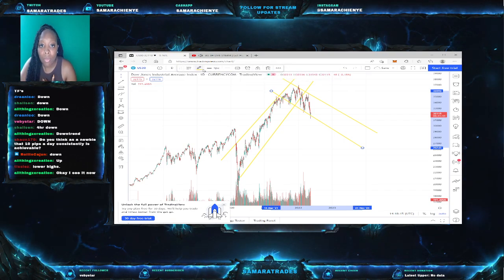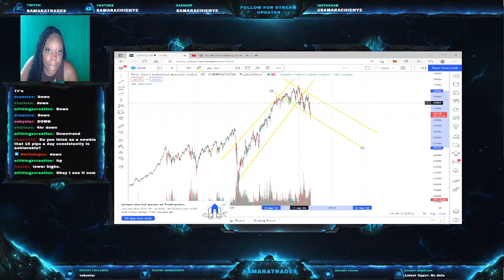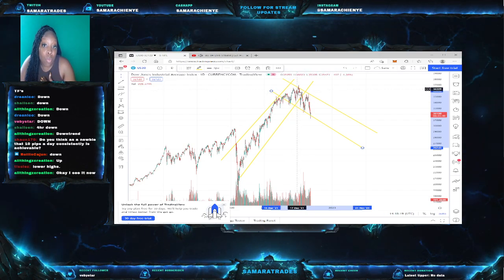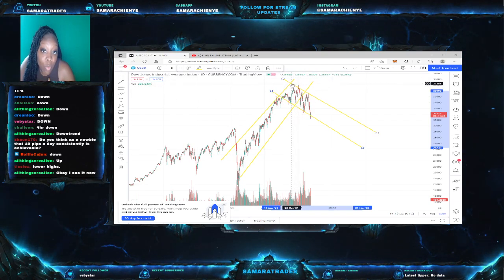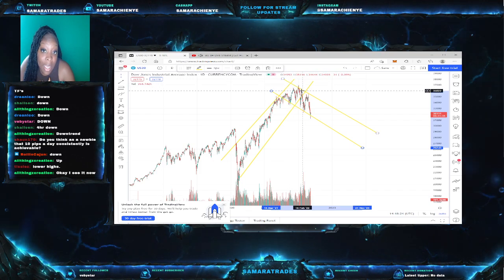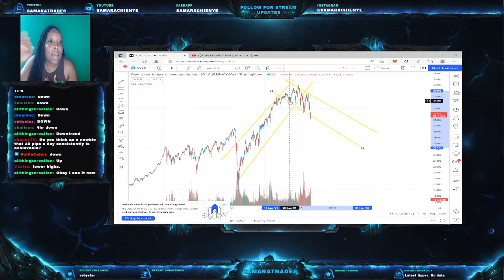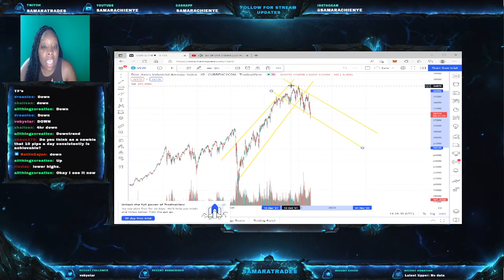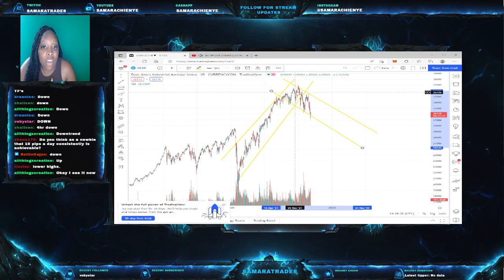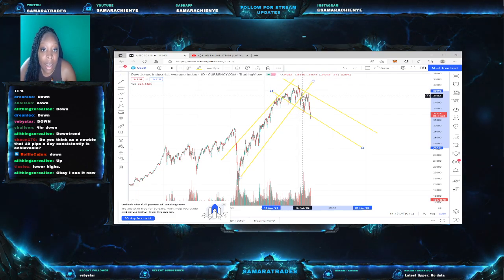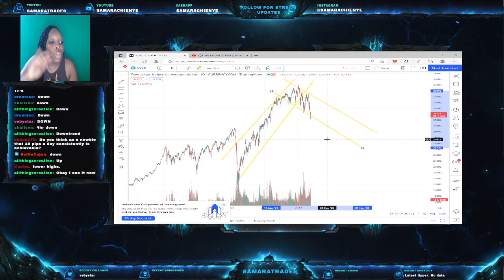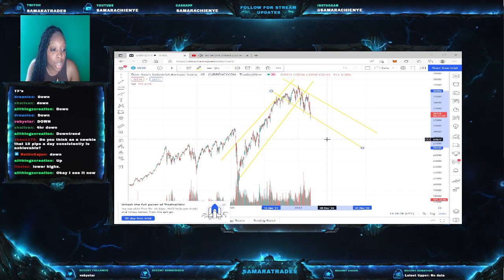Anytime I saw my diamond go out on this end and keep going up, I know the market's going to keep going up for an uptrend. But if it moves out of my diamond on this end, I know we're about to go into a new transition of a downtrend.